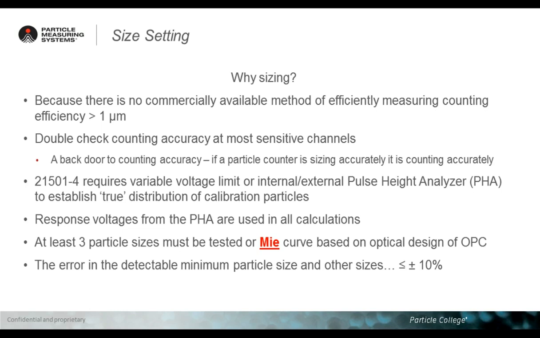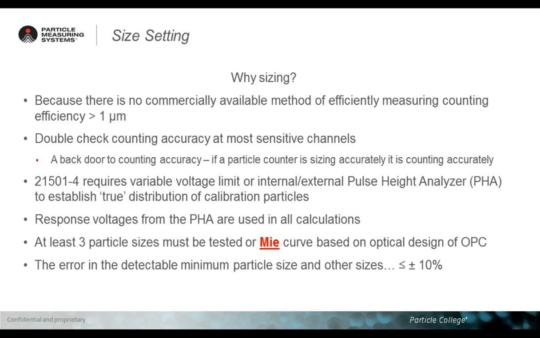Another important test we perform, another adjustment we perform, is the size setting. Why do we adjust the size? First of all, because there are no commercially available methods to compare efficiency of counting above 1 micron. The SMPS system that you've seen, together with the CPC particle counter that you've seen on the previous slides, can't work above 1 micron.